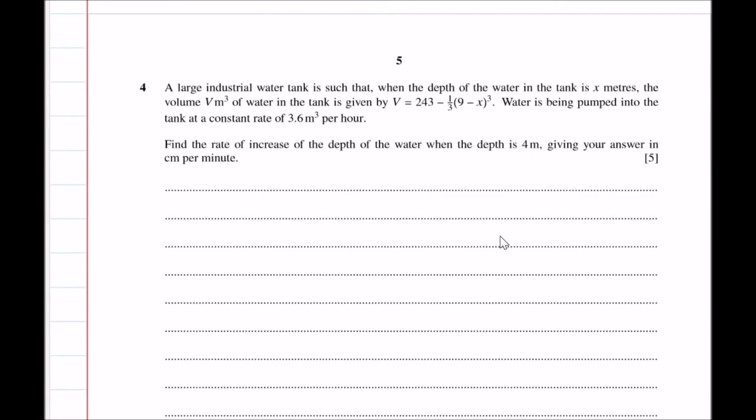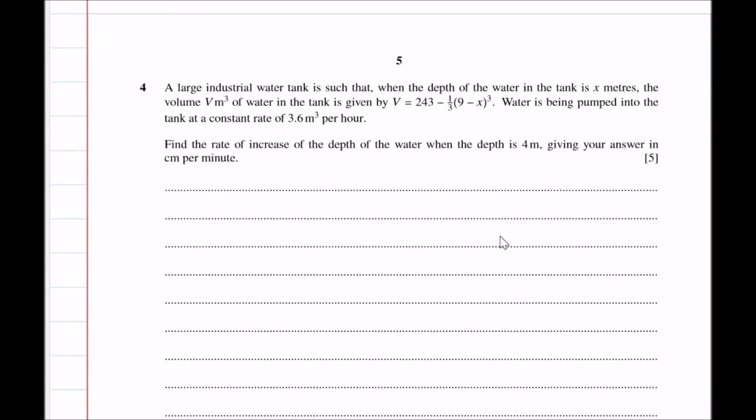Question number 4. A large industrial water tank is such that when the depth of the water in the tank is x meters, the volume V meter cube of water in the tank is given by V equal to 243 minus 1 by 3 times (9 minus x) raised to the power 3.